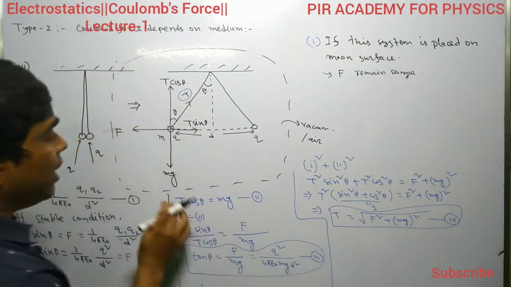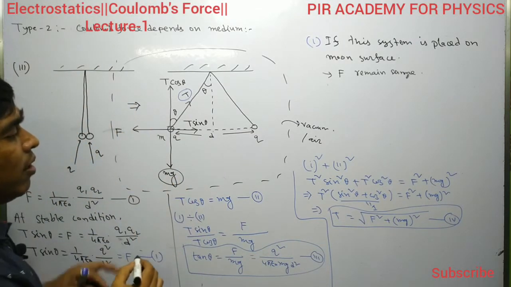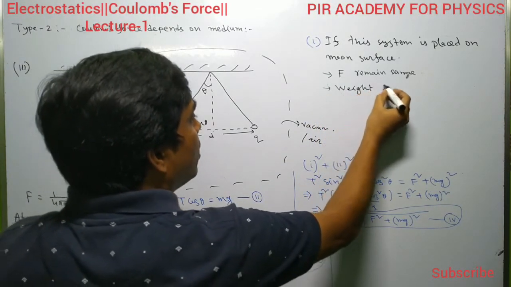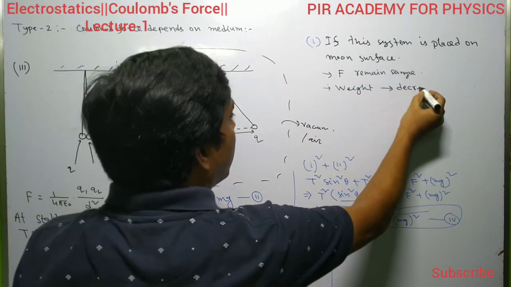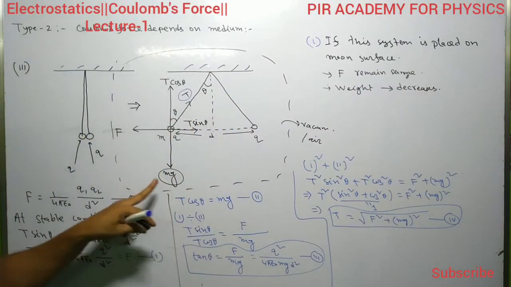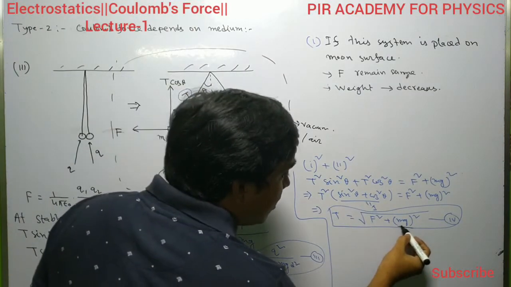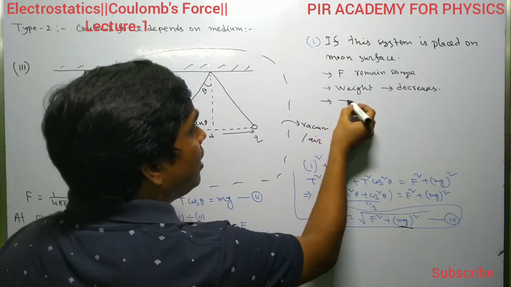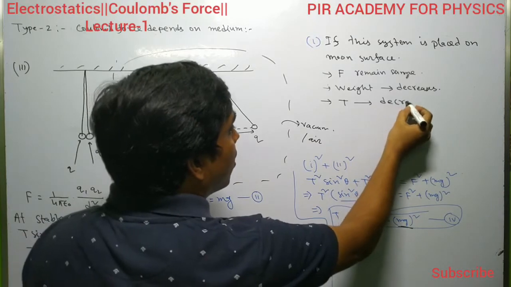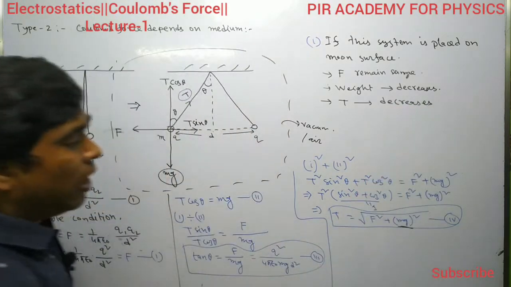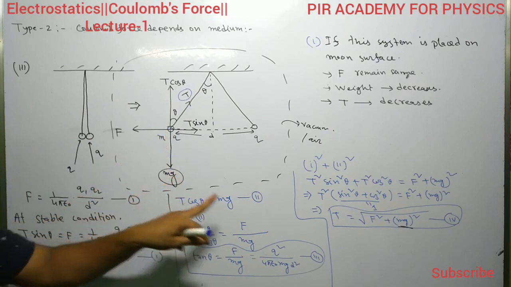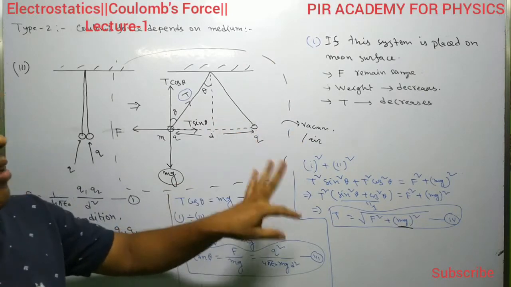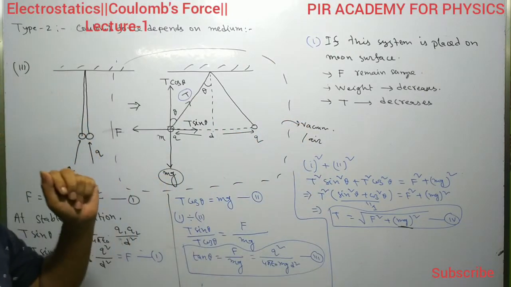But this mass, that means the weight, will decrease. If weight decreases, using this formula, T will decrease, because the g on the moon surface is less than the g on the earth surface.